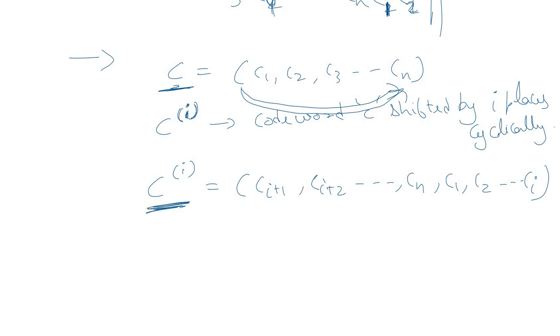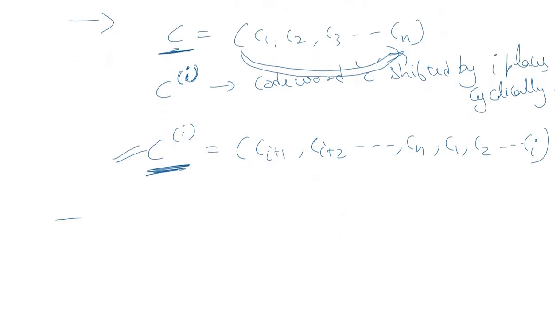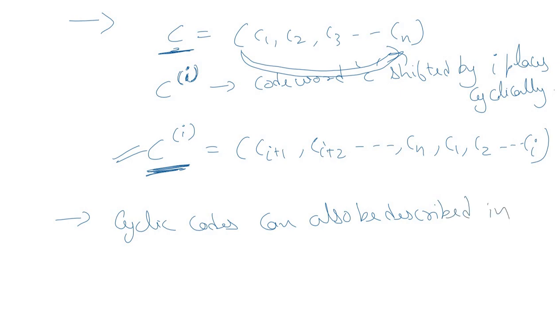Now these cyclic code words can also be described in the polynomial form, that will help us in doing the mathematical implementation of cyclic codes.